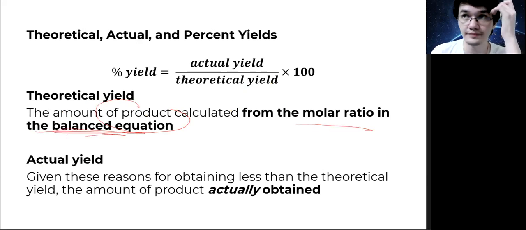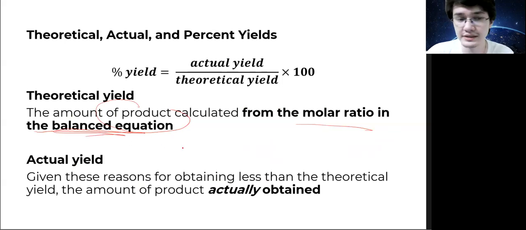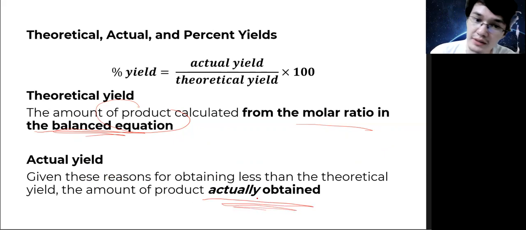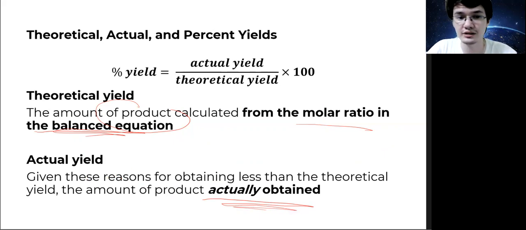So we assume 100% conversion of the reactants, with no reactants left over. Then the actual yield is what we obtained. Meaning, for example, in an experiment, the product we produced is, for example, only 3 grams of ammonia. That is our actual yield, and it is always less than the theoretical yield.